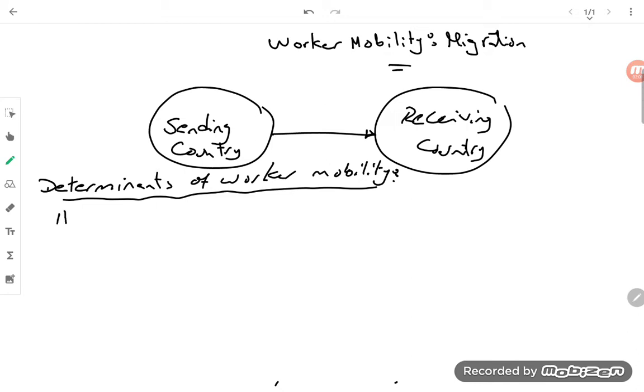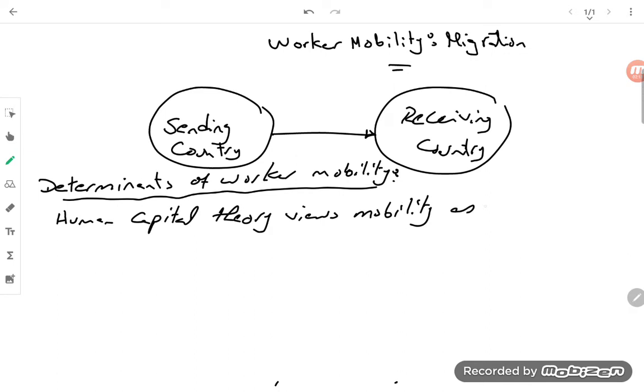This is based on human capital theory, which views mobility as an investment with initial cost outlay and with expected future return.